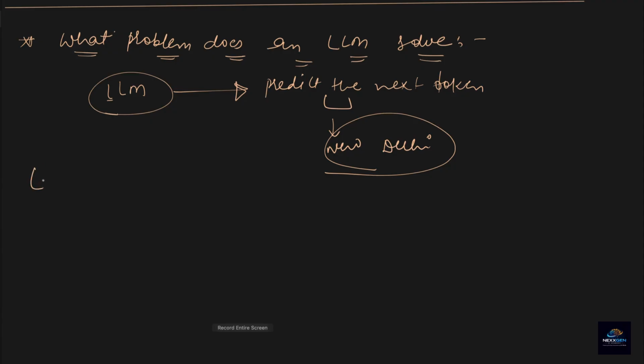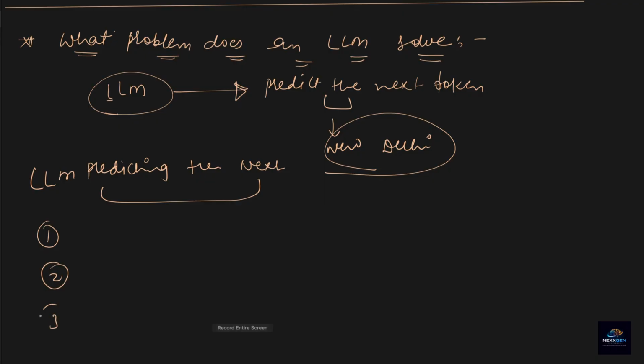Since LLMs are predicting the next token, there must be a lot of tokens. Let's say token 1, token 2, and token 3. Token 1 is assigned to, let's say, Mumbai, token 2 may be assigned to New Delhi, and token 3 is assigned to, let's say, Jaipur.